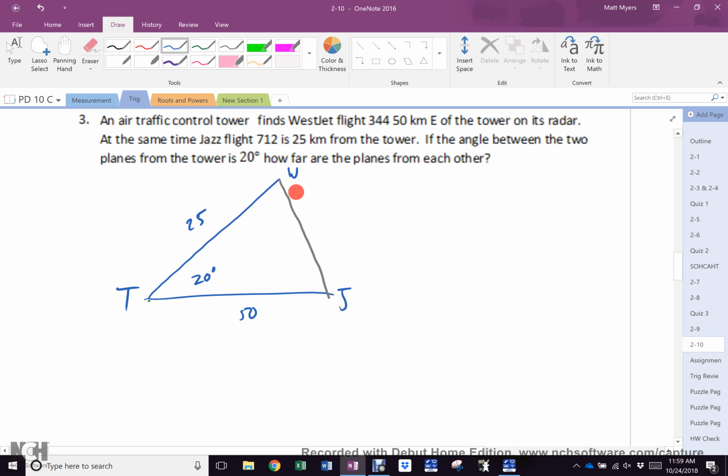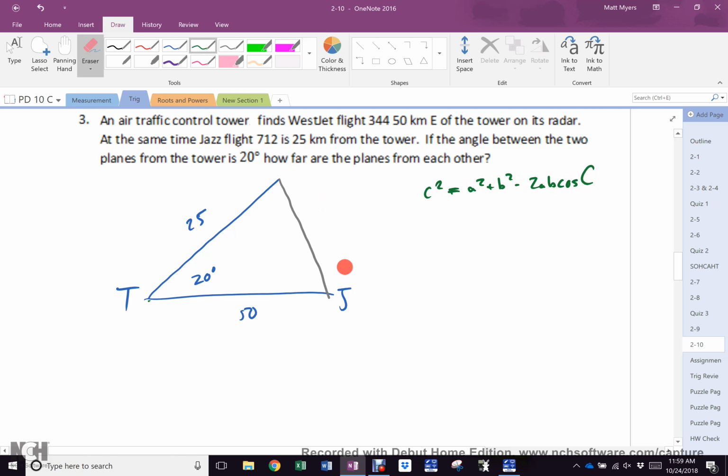Because I don't have the opposite angle, yes? Is it regular cosine law or yucky cosine law? Regular, why? Because we're looking for a side. Regular cosine law is c squared equals a squared plus b squared minus 2ab cos c.